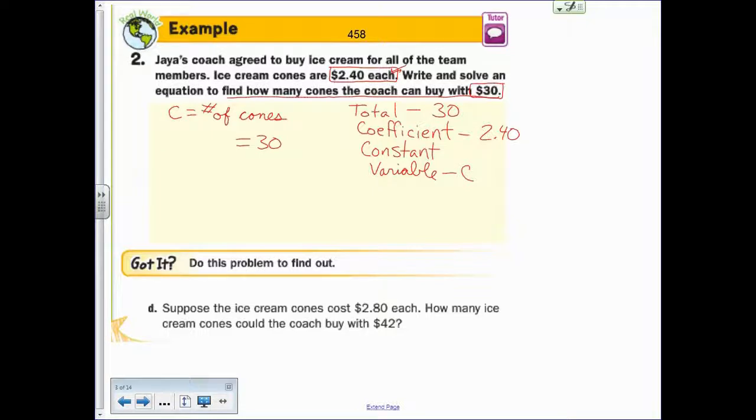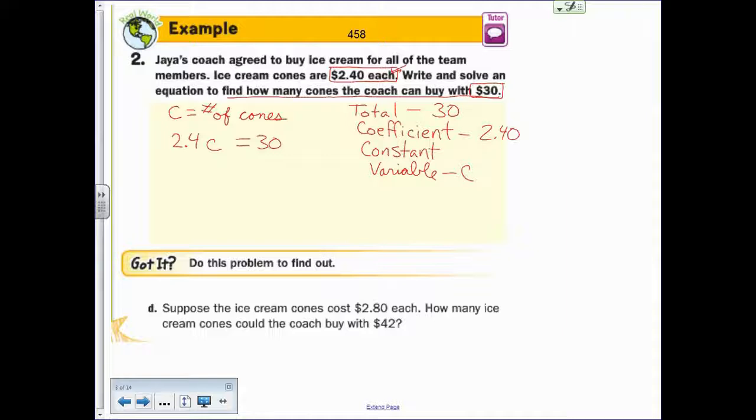So if $2.40 per cone is our coefficient, we would take 2.4 and multiply it times our variable, and that should give us the amount of money to spend. So $2.40 times the number of cones equals $30 is going to be our equation.